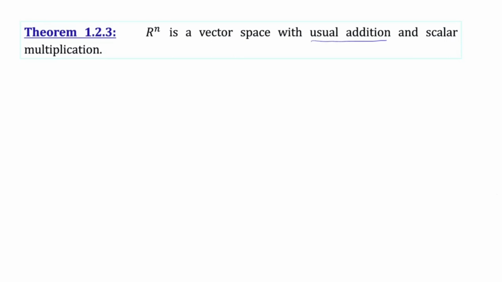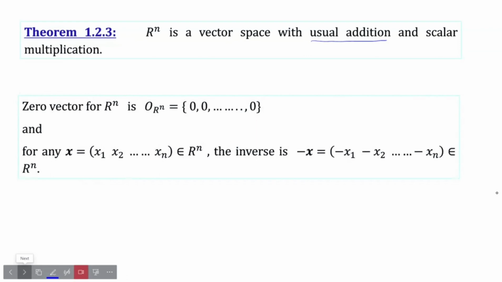So Rn is a vector space with the usual addition and scalar multiplication. That is the addition defined in the previous slide and the scalar multiplication, known as the usual addition and usual scalar multiplication.